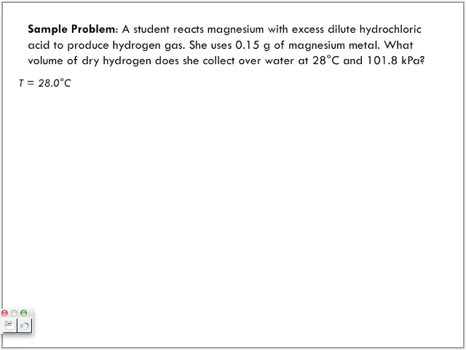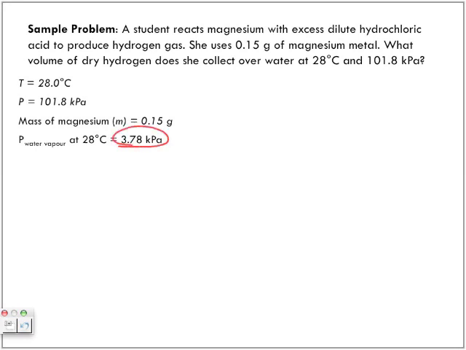We have temperature, 28 degrees Celsius; pressure, 101.8 kilopascals; the mass of magnesium, 0.15 grams; and the pressure of water vapor at 28 degrees Celsius, which is 3.78 kilopascals. This number was from the chart I gave in the previous slide.